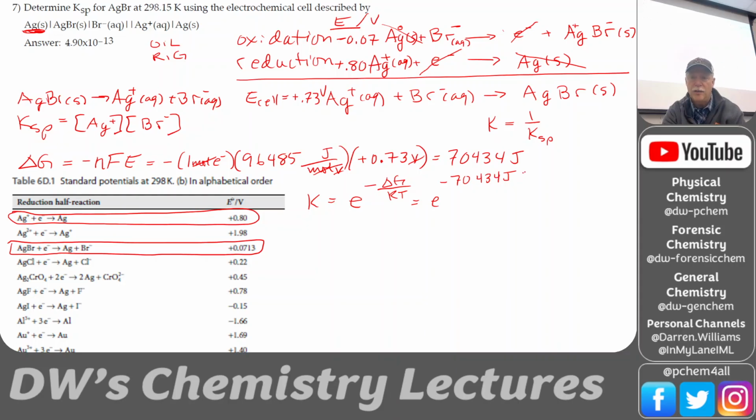That'll help us cancel the per mole and the R, the gas constant. Do this at 298.